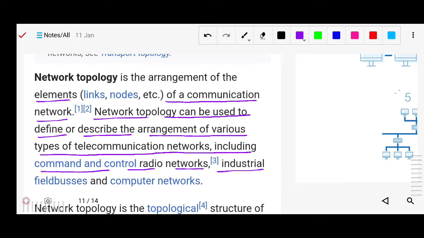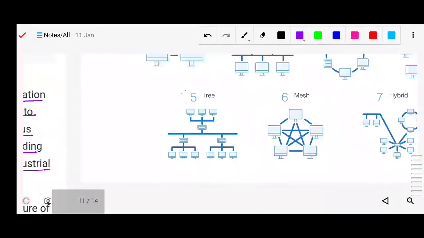In a network there are more than two devices, so how these devices are connected, which kind of structure they form after connecting. The structure of all devices on the network is the network topology.